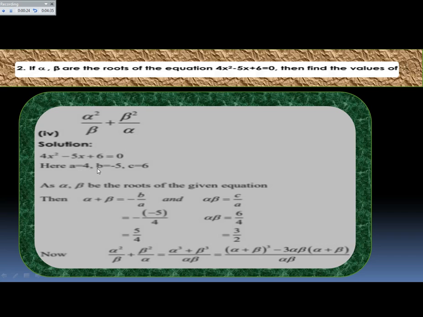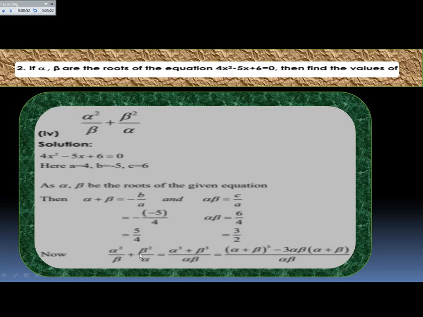Here a is equal to 4, b is equal to minus 5 and c is equal to 6. As alpha, beta are the roots of the given equation, the sum of the roots formula is minus b upon a. Minus b value is minus 5 and a value is 4, and alpha beta is c upon a, the c value is 6 and a is 4, which is 3 by 2. So the sum is 5 upon 4 and the product is 3 by 2.